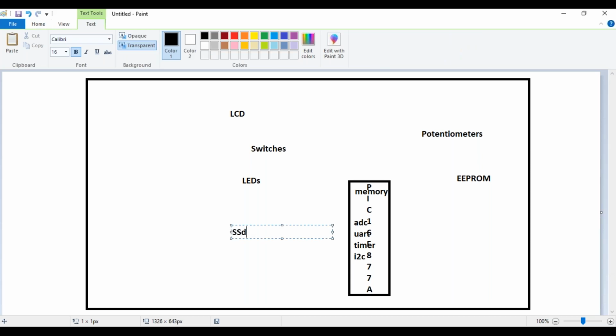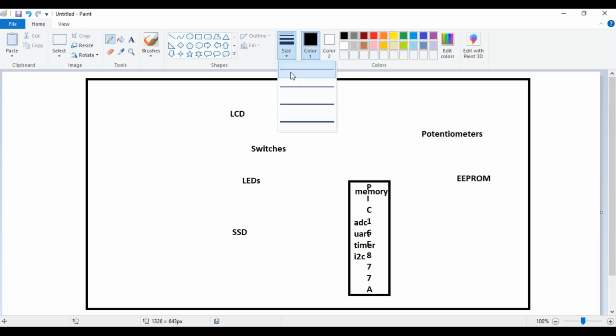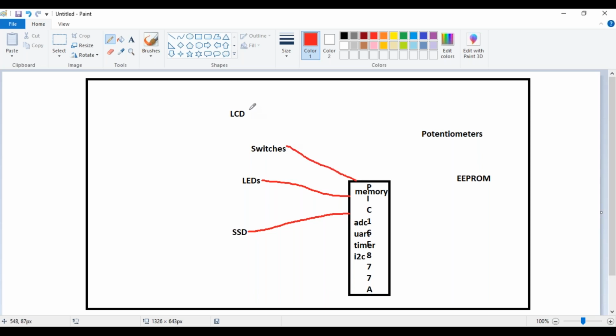So whichever peripheral I want to use for my operation, I just have to establish the connection between the peripheral and my microcontroller. So like this, I want to use LED, I have to connect LED to my microcontroller. I want to use SSD, I should connect SSD to my microcontroller. Switches have to be connected, LEDs have to be connected, potentiometer have to be connected, EEPROM have to be connected.